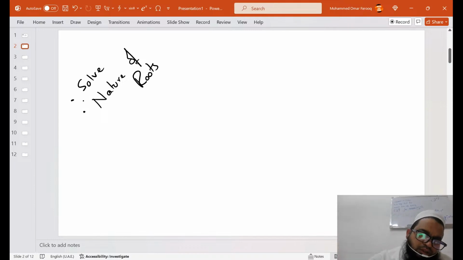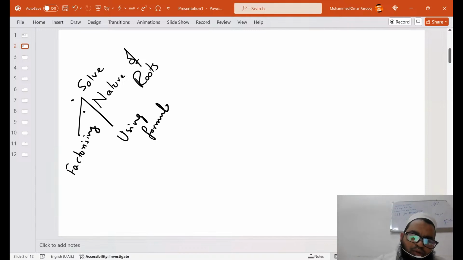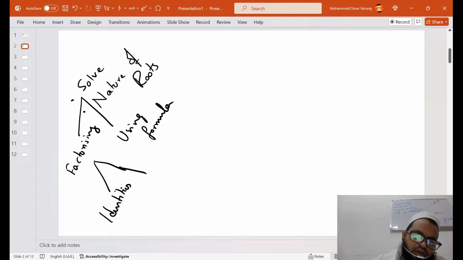So solving, there are two methods. One is by factorizing, and the next one is using the formula. Factorizing, you already know, we use identities or splitting the middle terms.